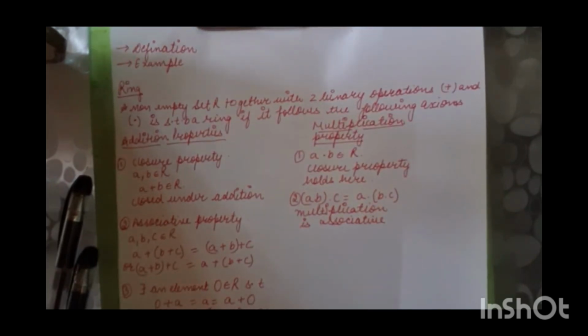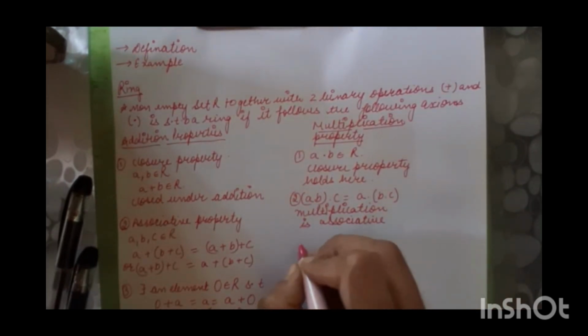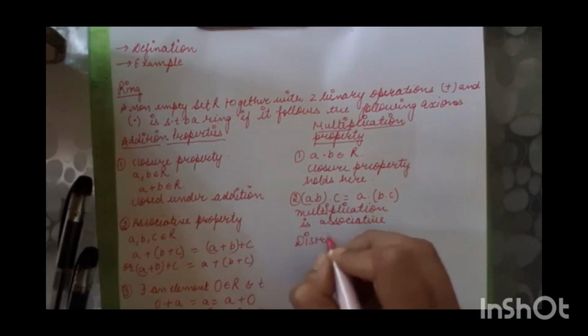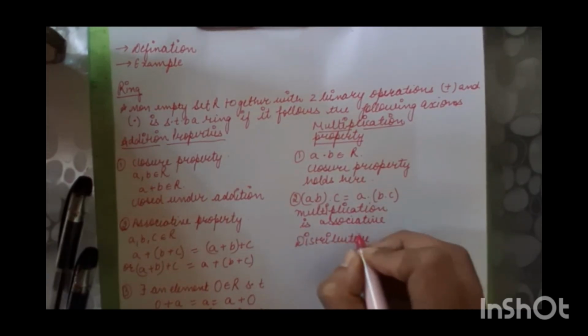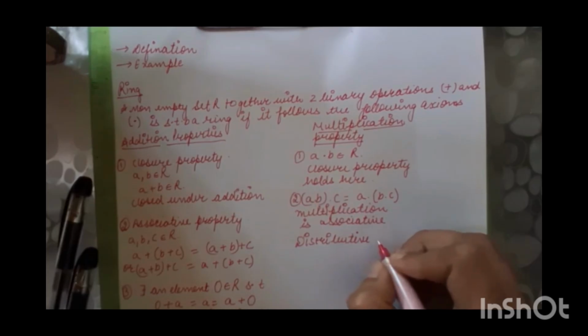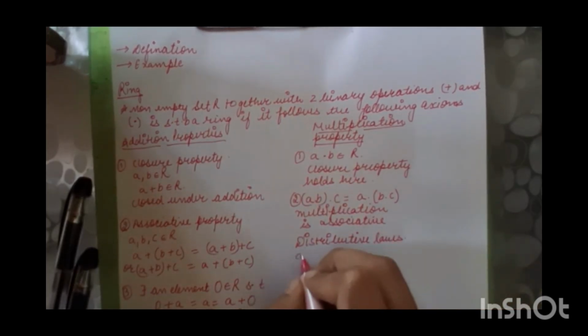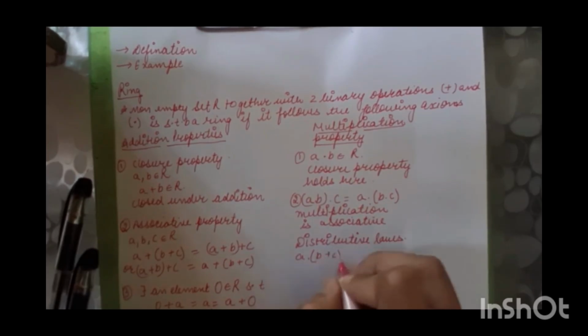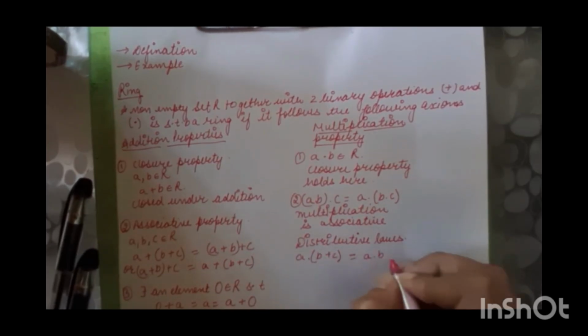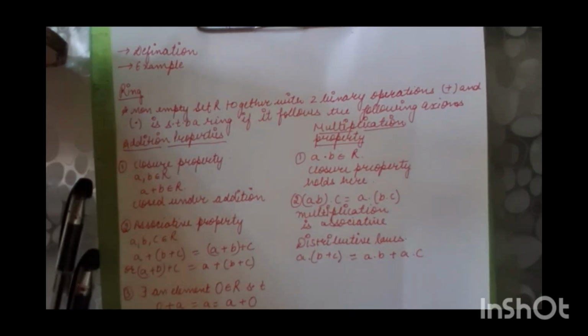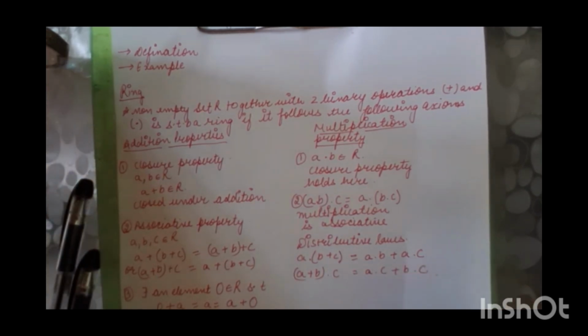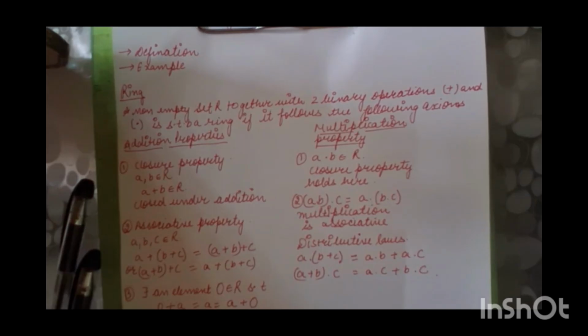Now comes a very, very important property, that is the distributive property. For a ring, it must follow the distributive laws. What are those? a dot, b plus c, must be equal to a dot b plus a dot c. The second is a plus b, dot c, is equal to a dot c plus b dot c. So these are the distributive laws.